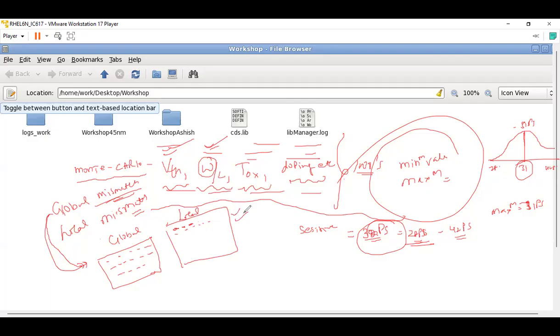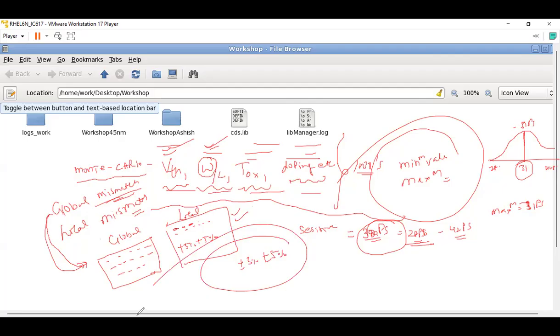In Monte Carlo analysis, when we do it in Cadence Virtuoso, we see both local and global mismatches. We assume local and global mismatches. And these mismatches are not only +3, +5%. This can be ±3%. This can be ±5%. This depends on how much randomness you have chosen for your device.